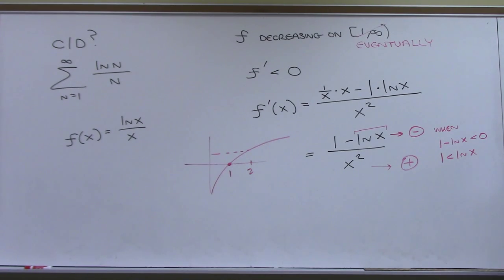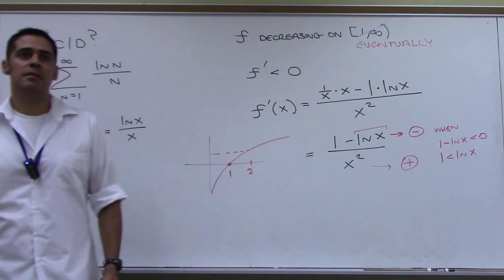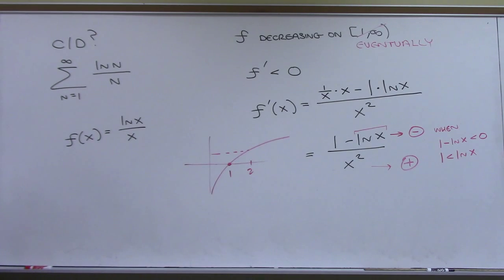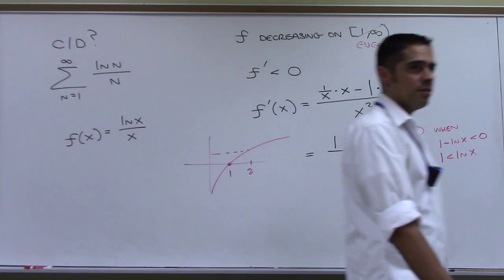So eventually, all conditions are met. Continuous function. It's positive. It's decreasing eventually. It's integrable, because you told me in the very beginning you could integrate that. So since I've got all the conditions met, I can apply the test. Any questions?